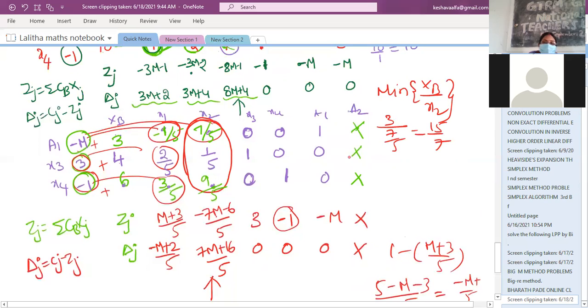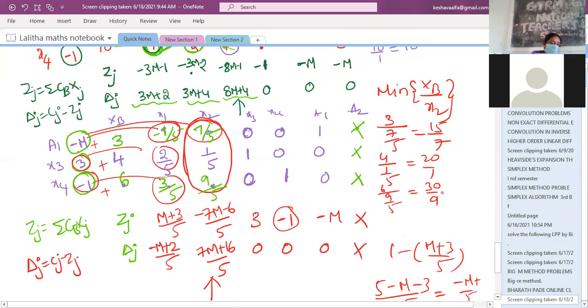Next xb value is 4, 4 by 1 by 5 is 20 by 1. Next 6 by 9 by 5 is 30 by 9.